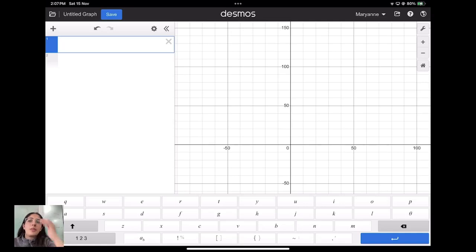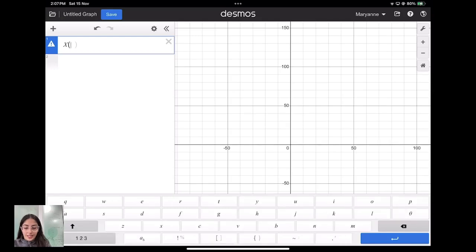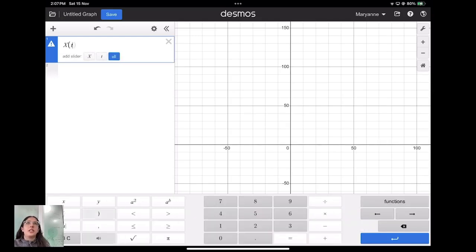To graph parametric stuff, you know how before I was using lowercase y and lowercase x? Desmos has a special form for parametrics where you have to use capitals. So you use a capital X, and then the lowercase t, and it immediately gives you the ability to pop up the t as a slider, which is what you want, because you want to be able to change the time.